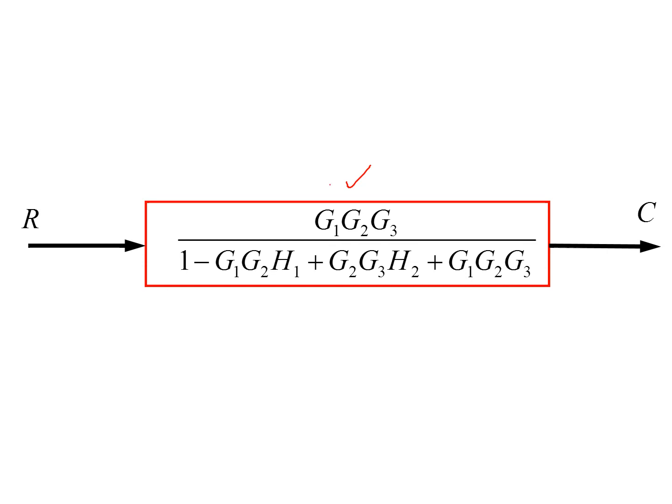From this canonical form we obtain the transfer function, that is, C by R is equal to this one. This is the transfer function, and this is the canonical form. This is the complete procedure of the block diagram reduction technique.